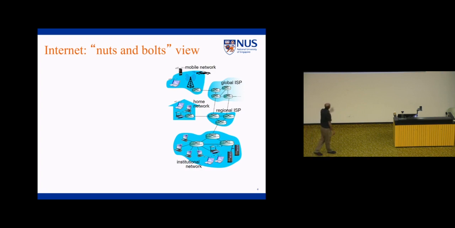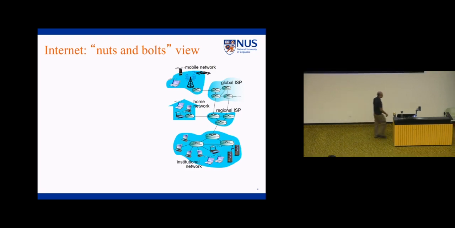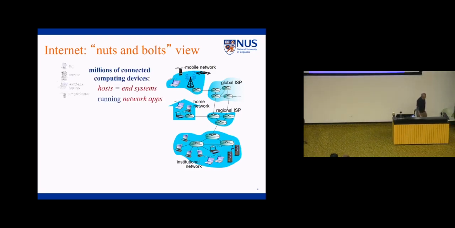One is to take what is called the nuts and bolts view, and that is to say, what is the internet? The internet is made of this, this, this, and this. That's one way of answering that. So let's try and answer that, the nuts and bolts view of the internet. Here, if I look at what are the things that make up the internet, one are the end hosts or the end systems that connect to the internet.